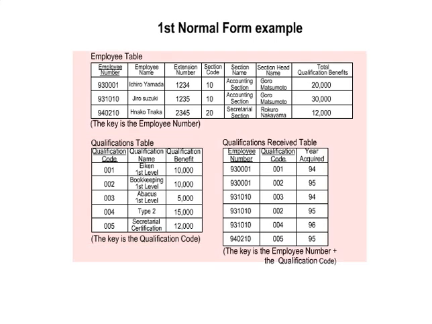This result is separated into three groups, as shown in the illustration. As a result, the employee number and/or the qualification code must exist in each record. It might look like redundant items. However, if these items are not present, there will be no relationship between groups, and the original information cannot be reproduced.